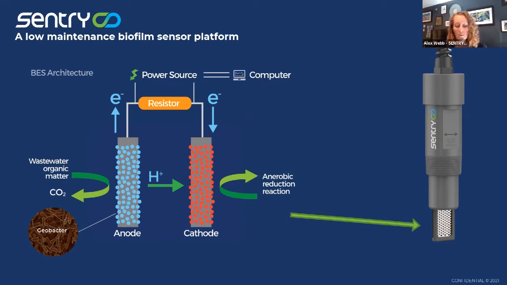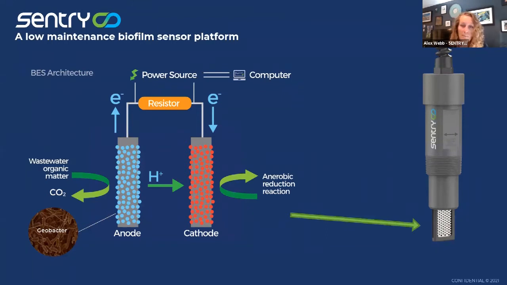And as the wastewater loading, the organic loading or toxic loading, as the case may be, flows over the sensor, the biofilm is going to be consuming the carbon. And as it does that, it respires or releases electrons. Those get counted by the sensor and they get stored as data or activity.